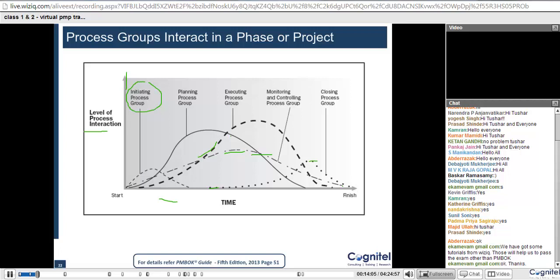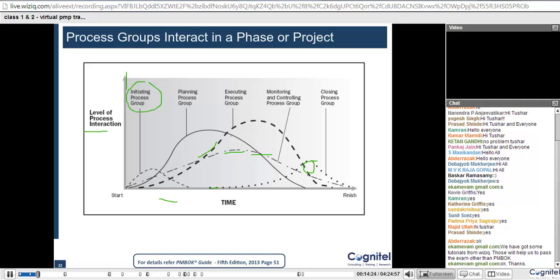But of course the major closing would come towards the end of the project, which is here, and then the project finishes. So what we are saying is that the level of interaction of different process groups would change as per the timing in the project.